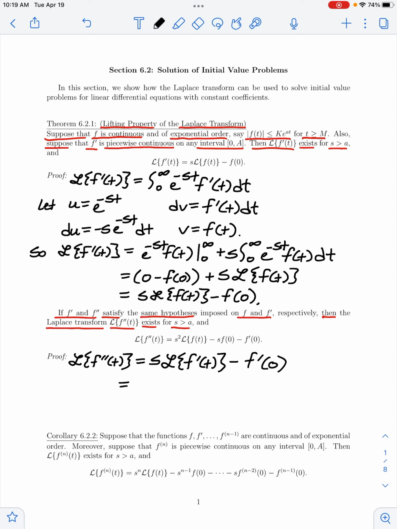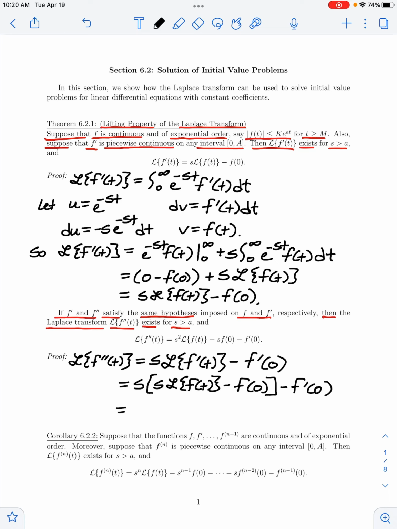And so using the lifting property a second time, I have s times the Laplace transform of f prime, which is s times the Laplace transform of f minus f of 0. And then I still have my minus f prime of 0 on the end.